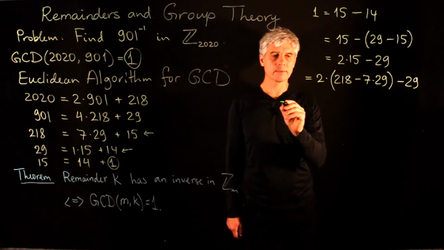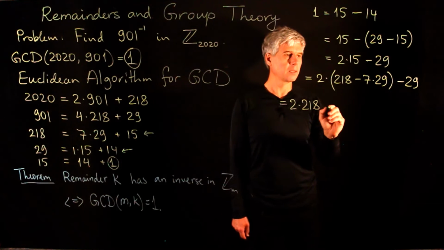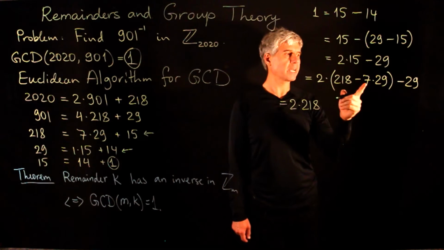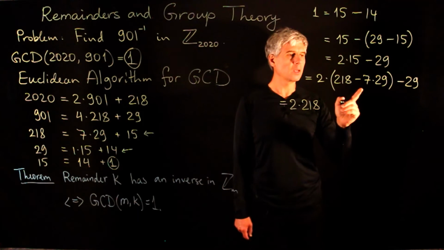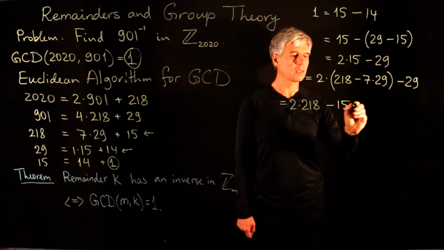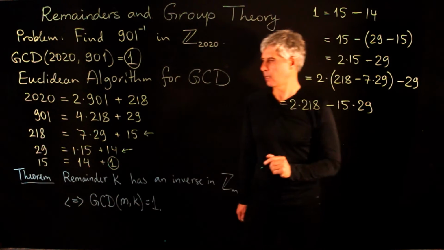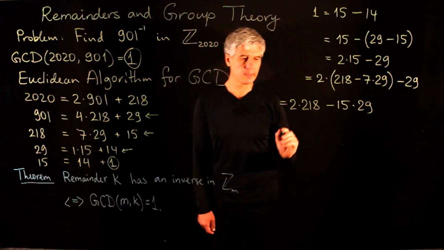So that is 2 times 218. So here we have minus 14 times 29 and minus another 29. So 14 plus 1, that's 15 times 29. So now we go to this line and we eliminate 29.